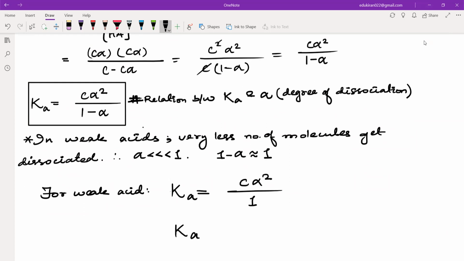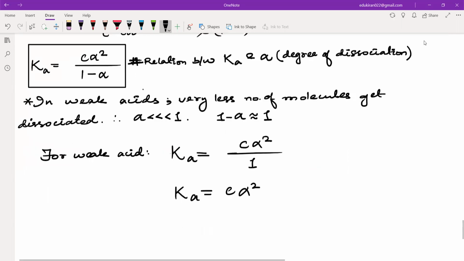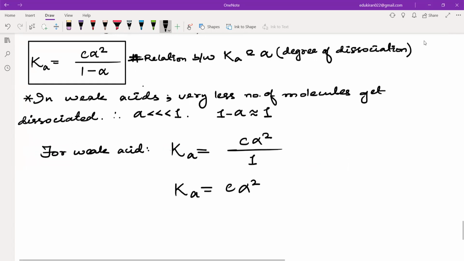Hence, Ka is equal to C alpha square. And you can write alpha is equal to, the C will go below, Ka divided by C, and for the square you will write the root. So alpha will be equal to the root of Ka upon C.